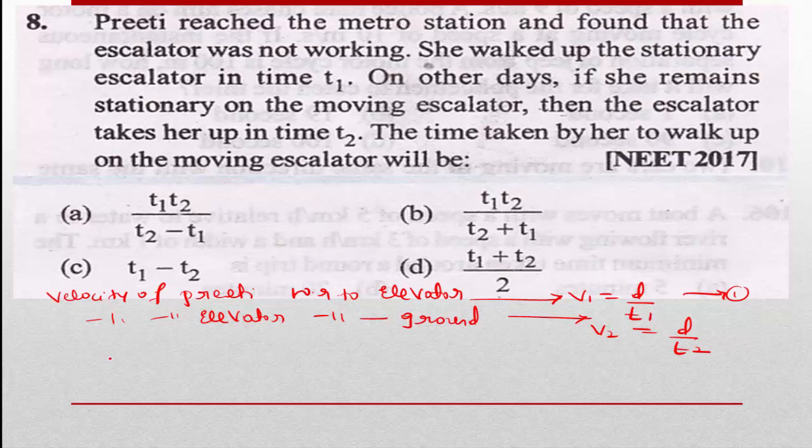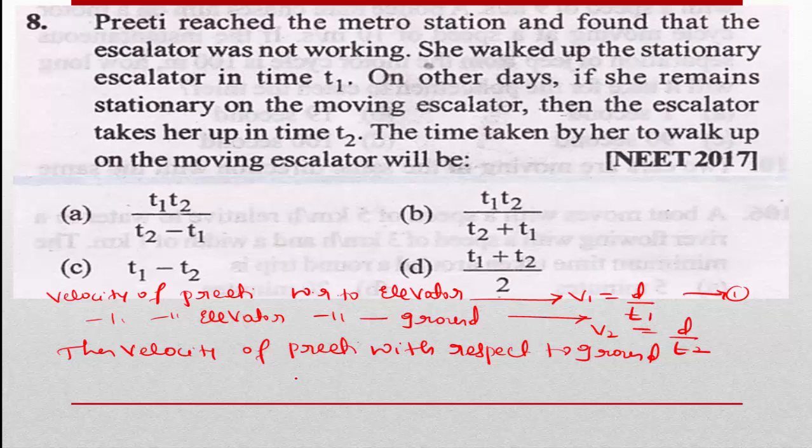What do we need? The velocity of Preeti with respect to ground. How to calculate the average velocity? That is P is equal to P1 plus P2.